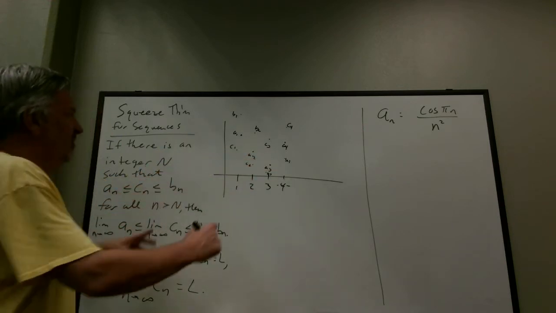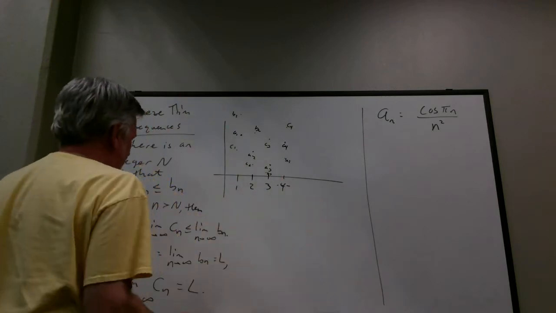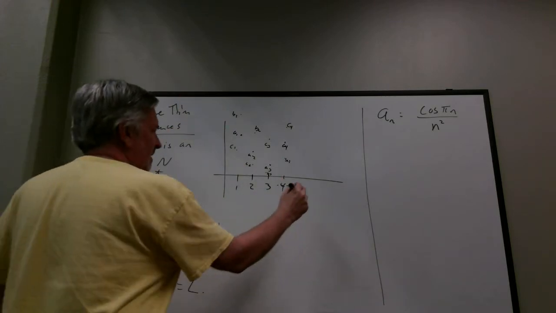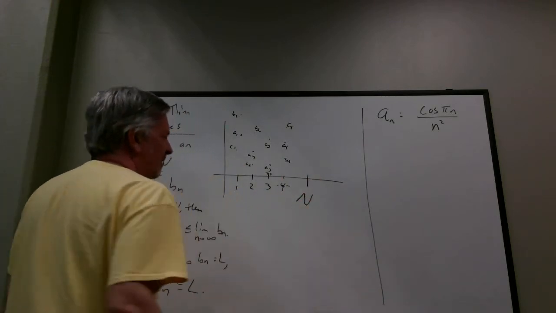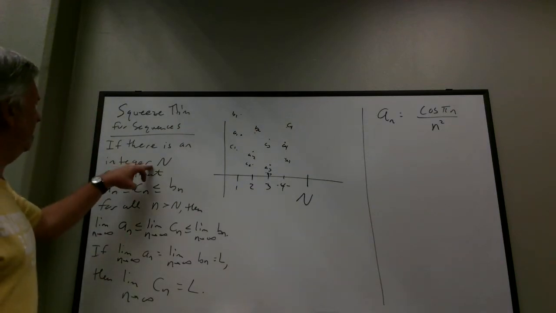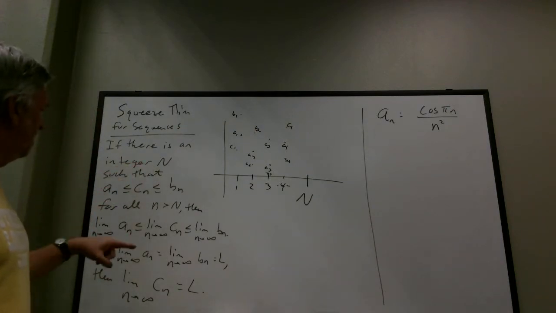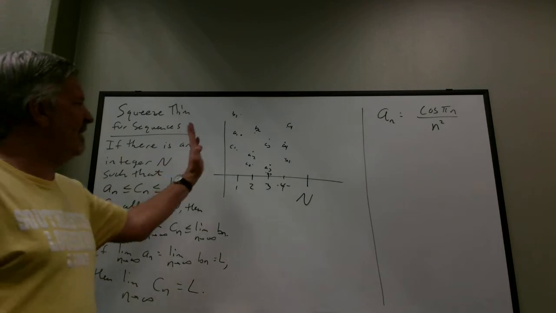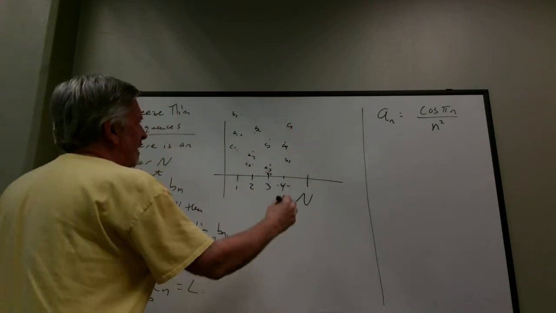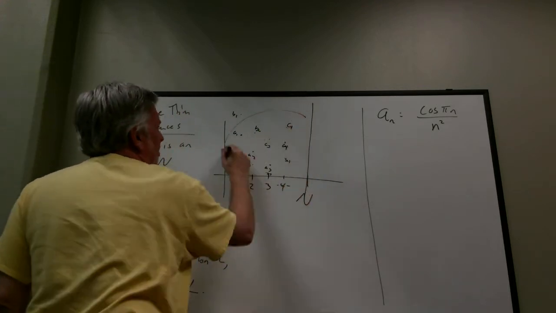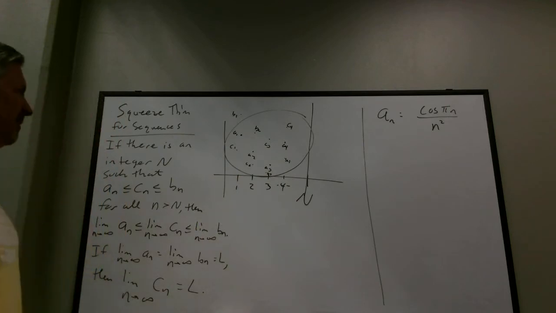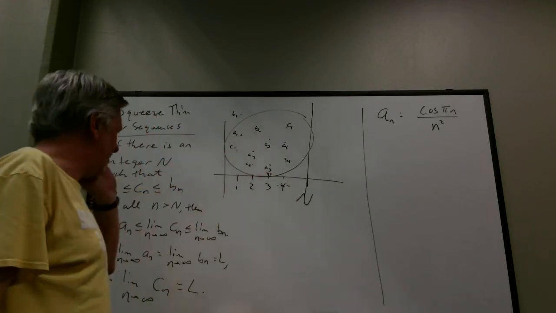What this is saying is, these can do whatever they want, but eventually there's an integer N such that for every little n bigger than that, we don't care what happens before or at N. The a's, b's, and c's can be wherever they want.